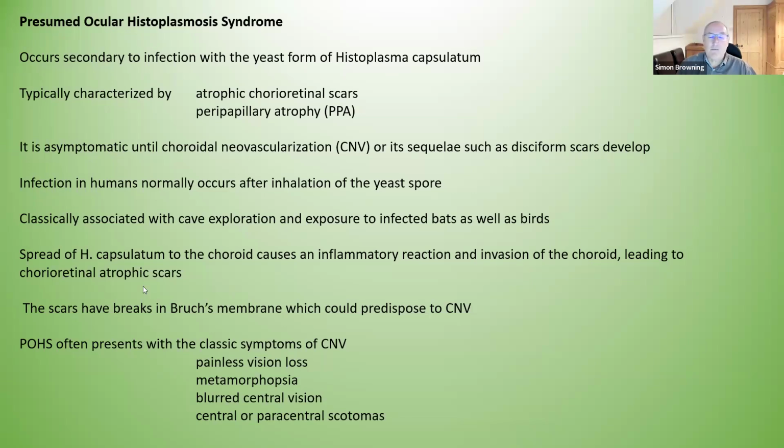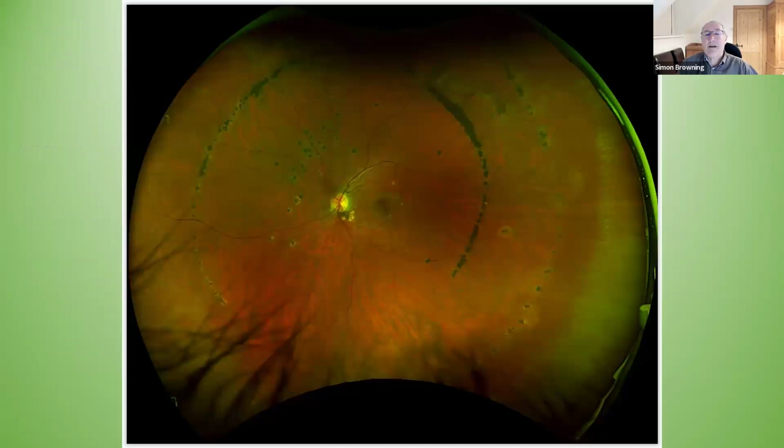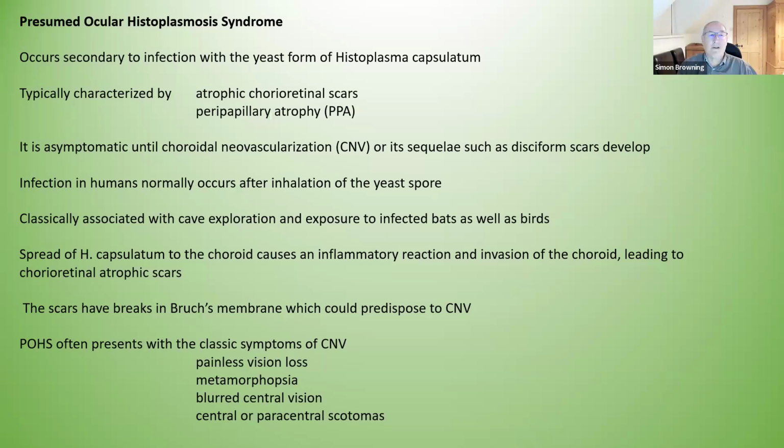And the patient will be complaining of painless vision loss, distortion in their vision, blurred central vision, and again, blind spots within their vision as well. And this is the sort of classic appearance you get with presumed ocular histoplasmosis, and it's called presumed because there's a little bit of dispute around the yeast spores that are involved and just what's going on.